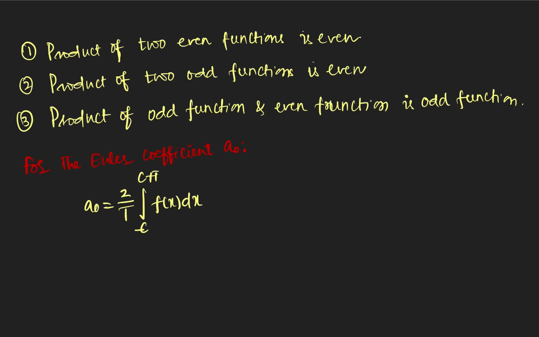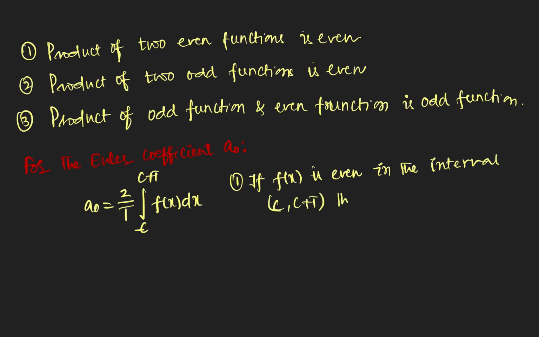If f of x is even in the interval c to c plus T, then a naught is 4 by T, integration runs from c to c plus T by 2, f of x into dx.